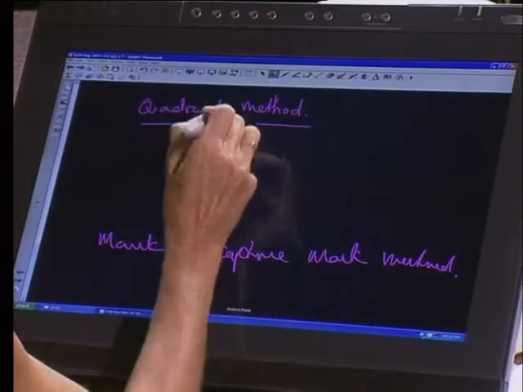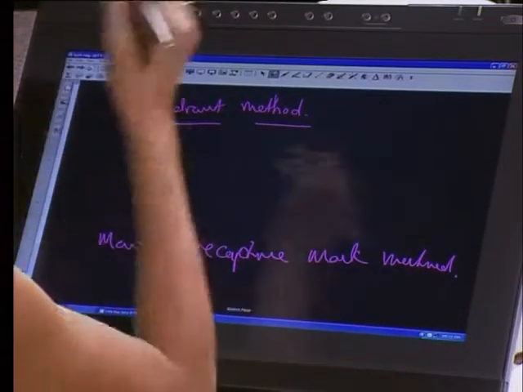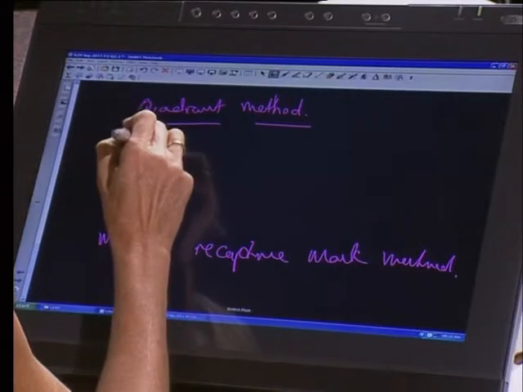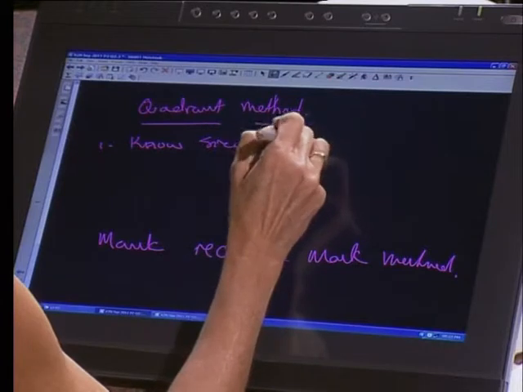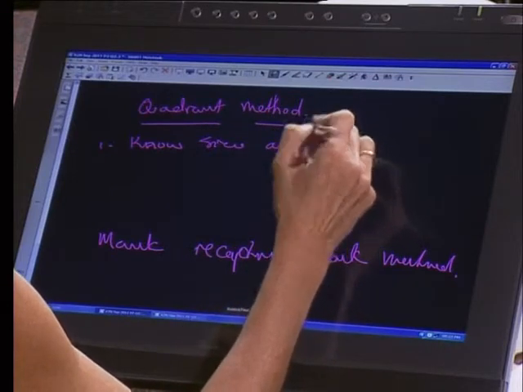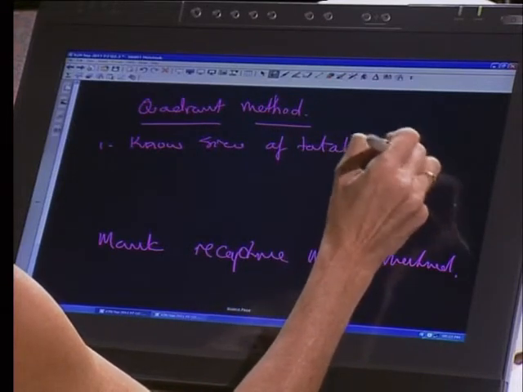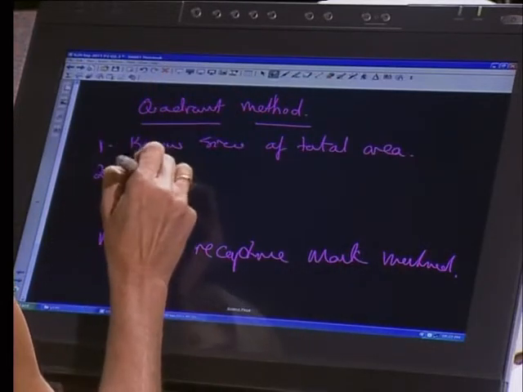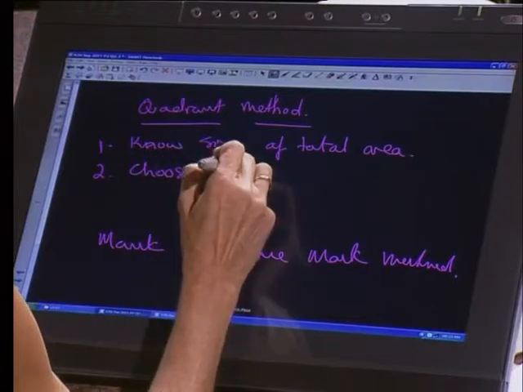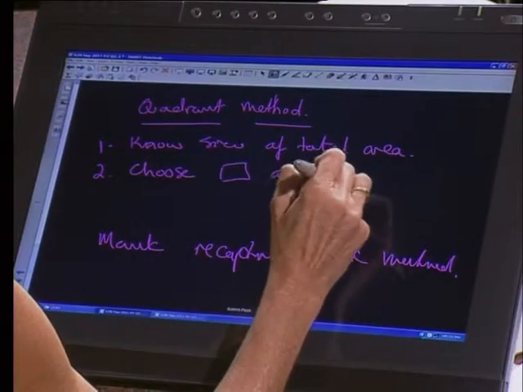Your quadrant method, what you do is you pick an area, any area. Number one, you must know the total size of the area. So you'll know what I mean there. Okay, that's number one. Number two, you choose your quadrants at random.